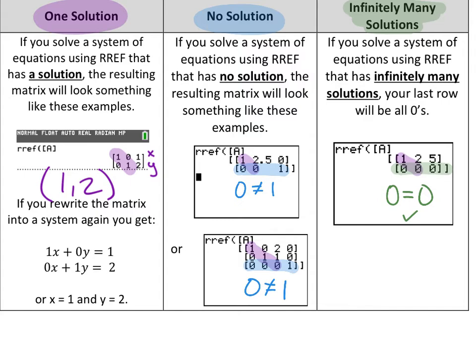We're going to be trying to find either one solution, an X, a Y, or X, Y, Z, or no solution or infinitely many solutions. I am cool if you shorten infinitely many solutions to IMS, because that's a lot of letters. IMS, infinitely many solutions.